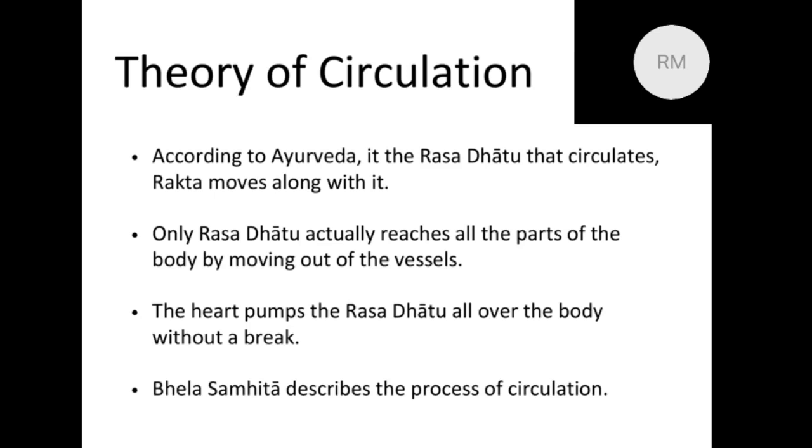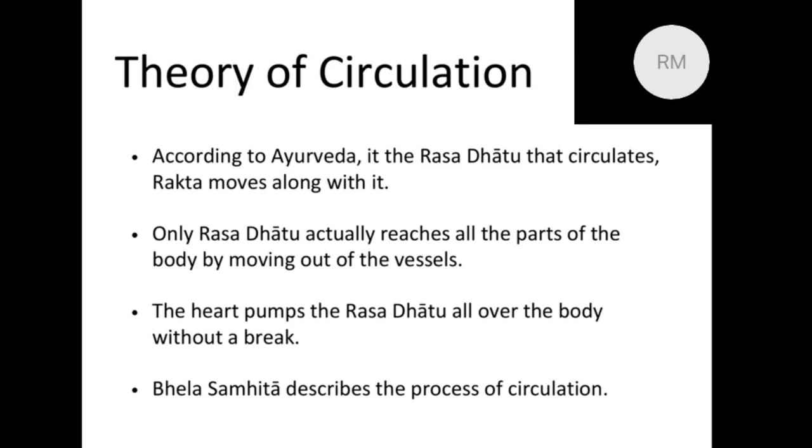And there was a very ancient textbook called the Bhela Samhita, which actually describes the process of circulation. It says that the food that we eat gets digested and absorbed from the stomach, reaches the heart, and from the heart it is pumped and distributed to the entire human body.